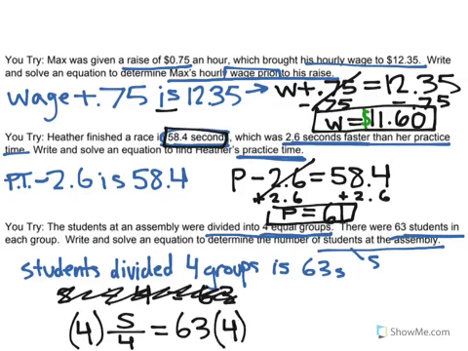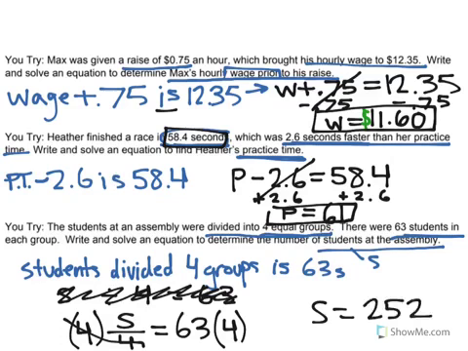Multiply by 4 on both sides. So S divided by 4 times 4 is just going to be S. If you take 4 divided by 4 in your calculator, that gives you a 1. So this is just S on the left. And then we have 63 times 4, which is 252.